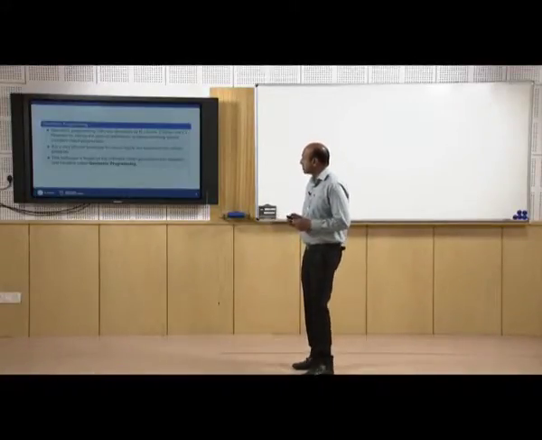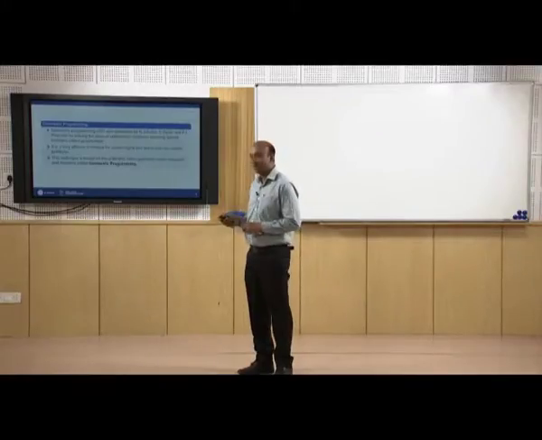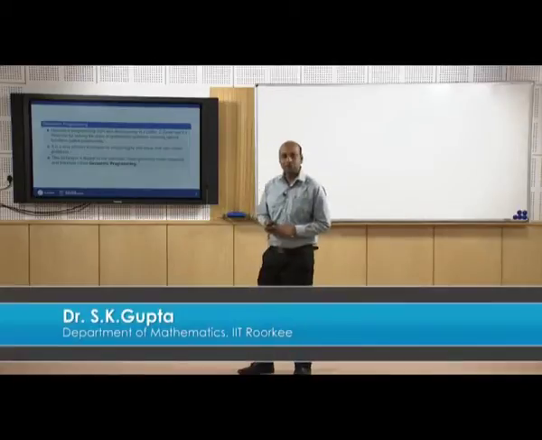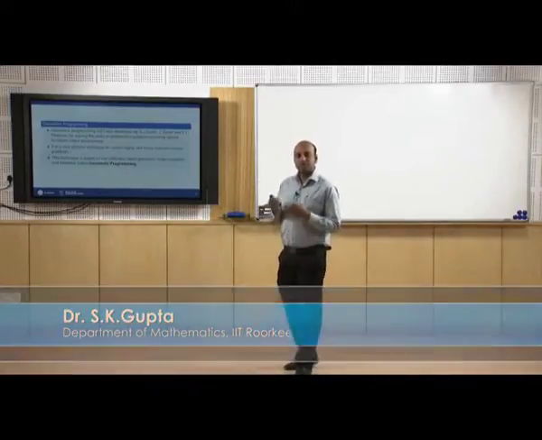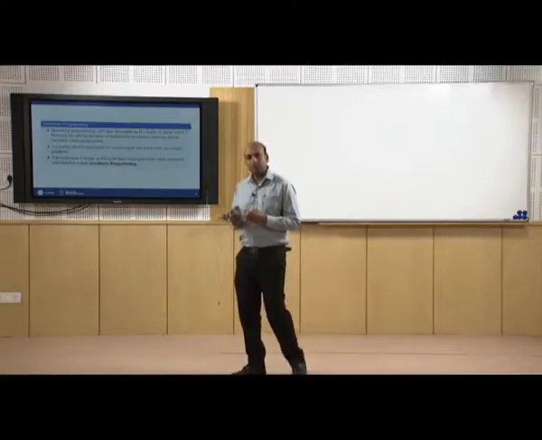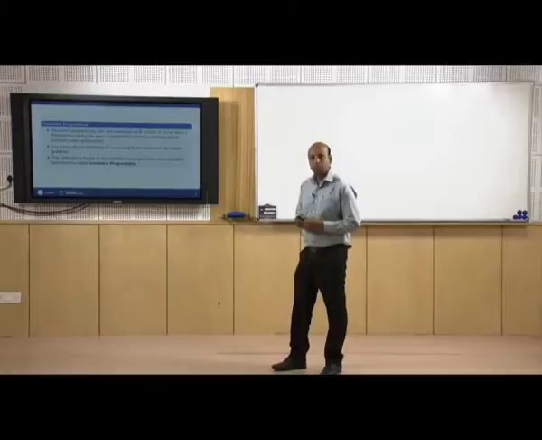This technique is based on the arithmetic and geometric mean inequality, and therefore we call it geometric programming. We already know that the arithmetic mean is always greater than or equal to the geometric mean. We will use this inequality while we develop the algorithm, and therefore these problems are sometimes called geometric programming problems.